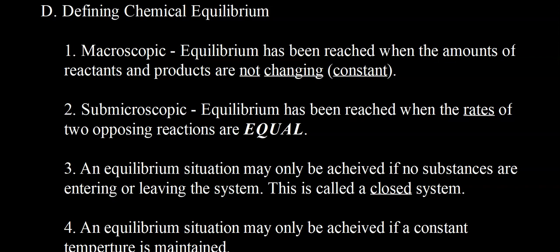But a closed system could be a solution. As long as nothing enters or leaves that solution, that technically is a closed system. Secondly, an equilibrium situation may only be achieved if a constant temperature is maintained. If you change the temperature of that system, then it's going to have an effect on that system.